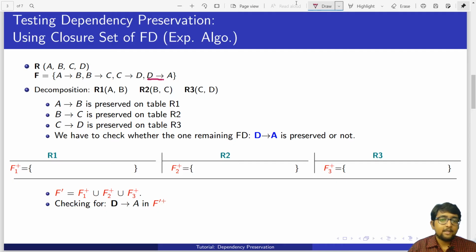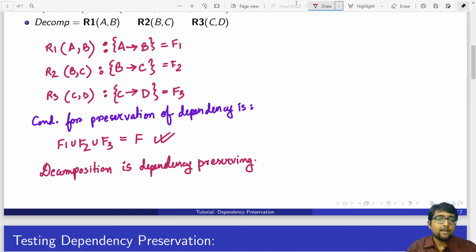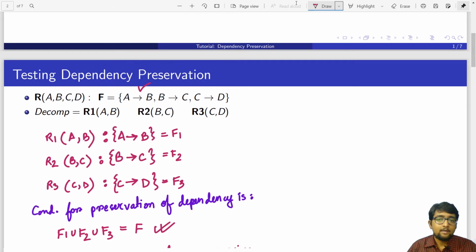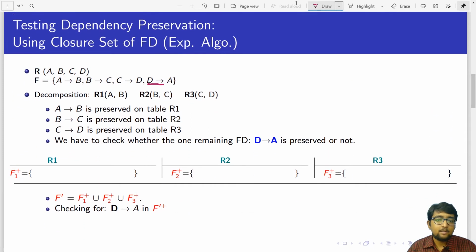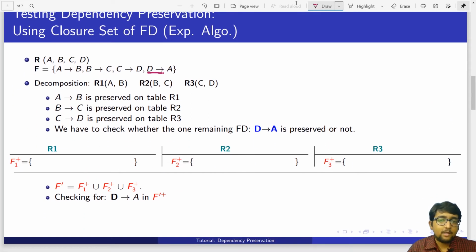In our previous example, from the parent set we applied those functional dependencies which had the corresponding attribute set, correct? But here, according to that concept, we cannot put this dependency in R1, R2 or R3, correct? In none of them can we put this functional dependency.